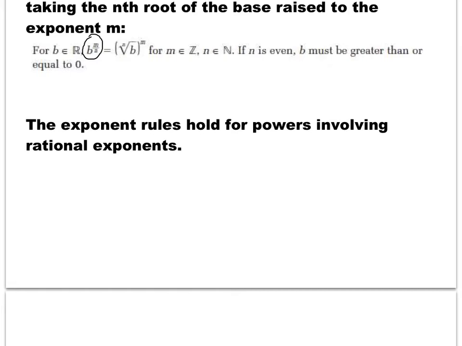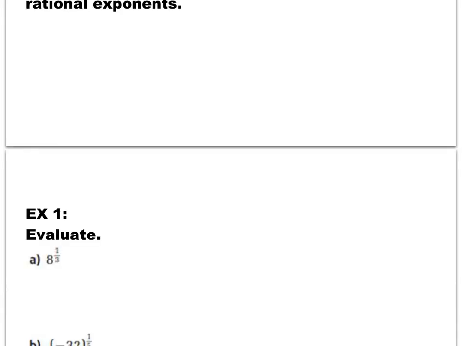If you multiply rational exponents, if the bases are the same, you add the exponents. If you divide, you subtract the exponents, and so forth. So all those rules that you had before are going to be applied for rational exponents as well. Now let's do a couple of examples.